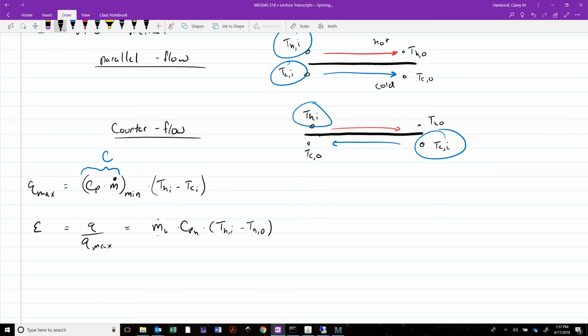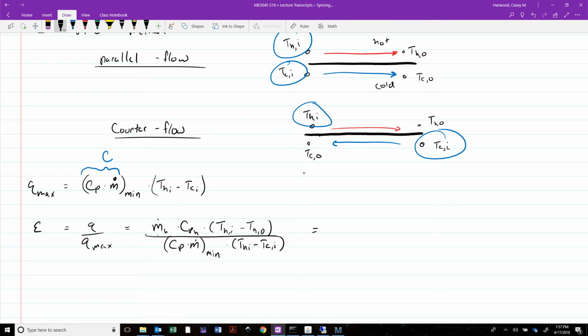This represents the heat rate out of the hot fluid into the cold one, over Cp dot m dot min times Thi minus Tci.